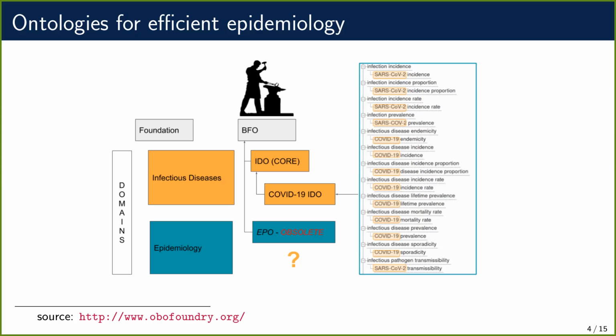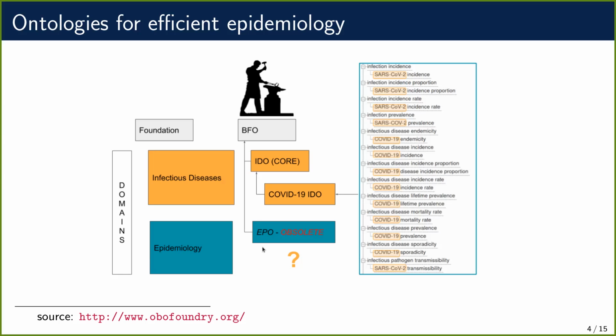Recently, there is this extended COVID-19 infectious disease ontology, extended from its core infectious disease ontology, that already contains some epidemic measures. We can see here that it contains about 20. And in the epidemiology domain, we had the EPO, or epidemiology ontology, for general epidemiology, but it has recently been retired.